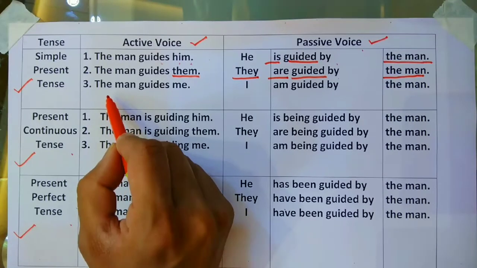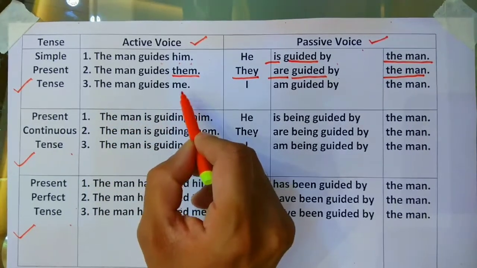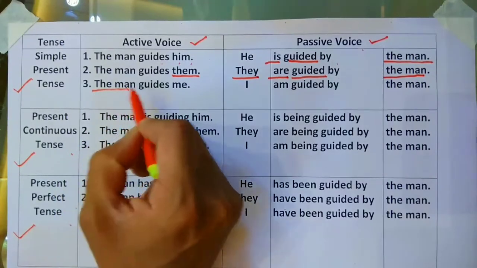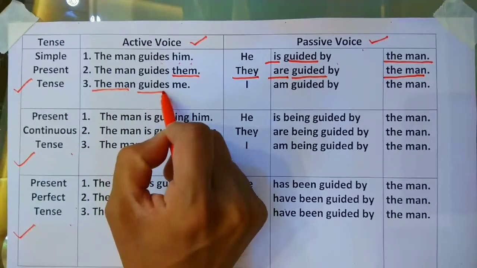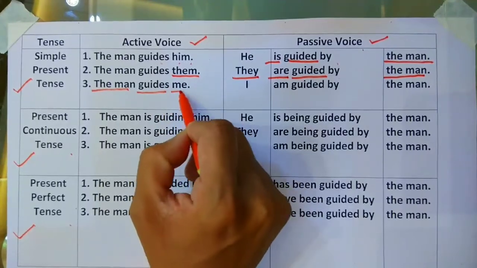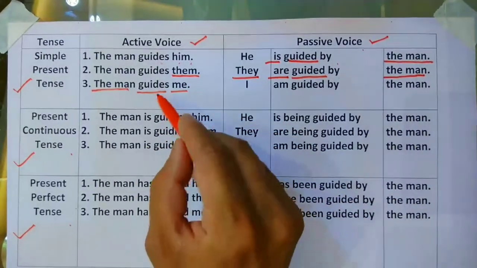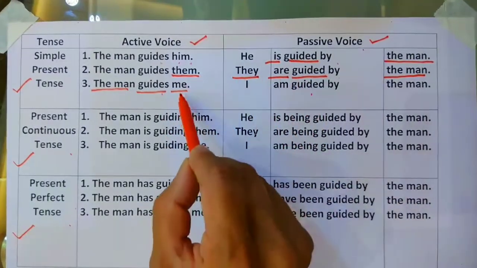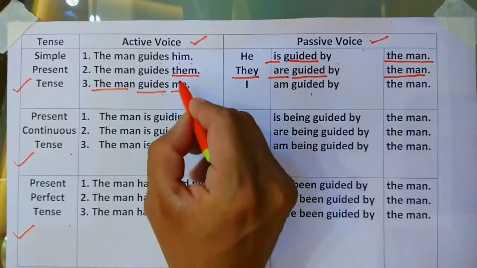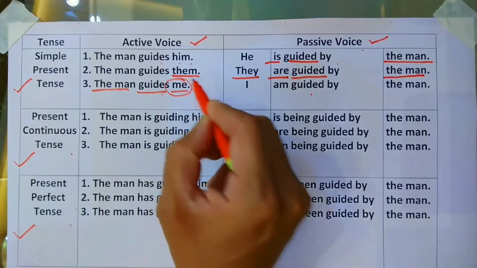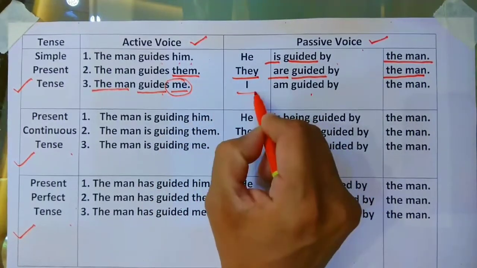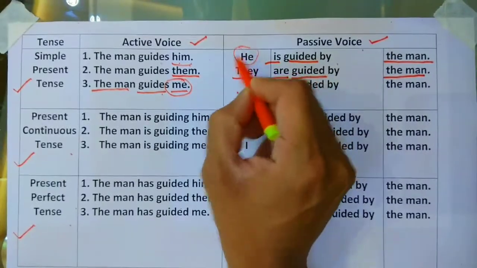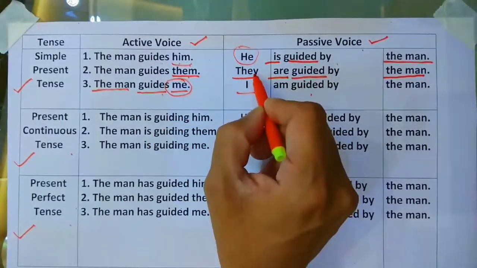Now let us come to the third sentence. I read the sentence, the man guides me. Now here the subject is the same, the verb is also the same, the object is me. So while converting this active voice into passive voice, we need to convert this pronoun me into I, as we converted him into he, them into they.